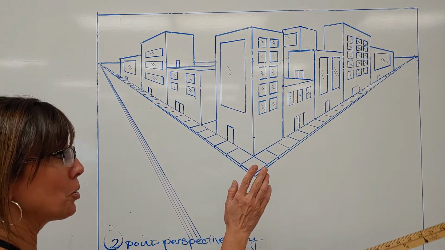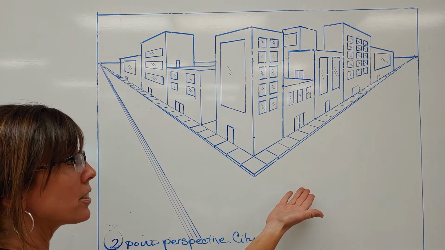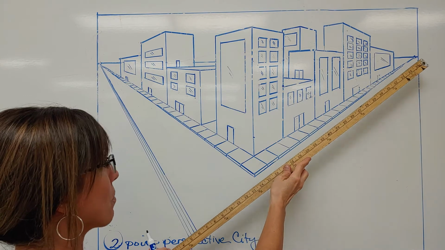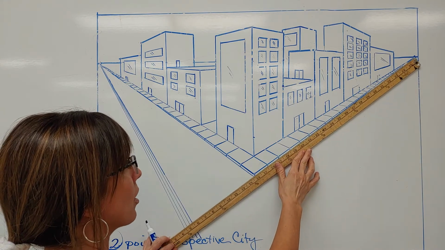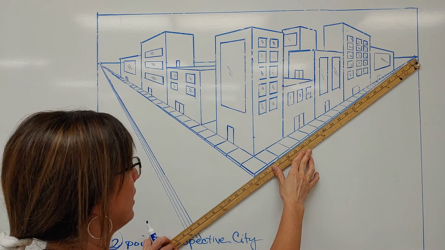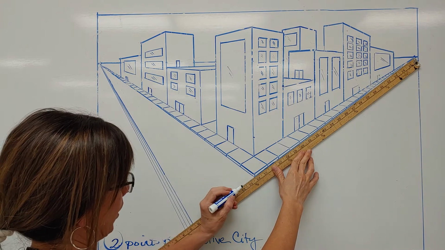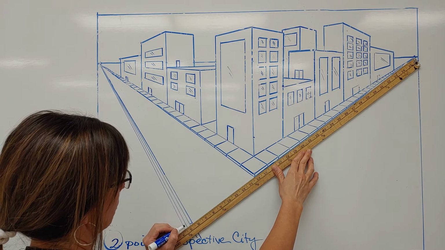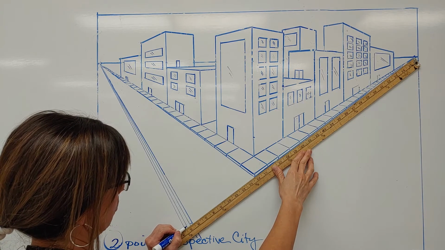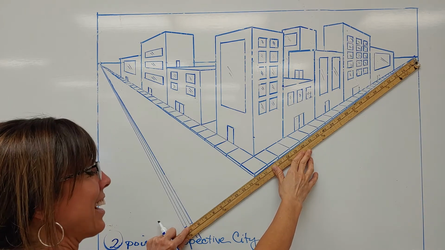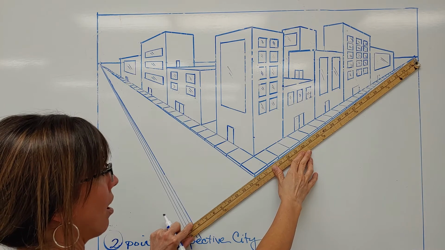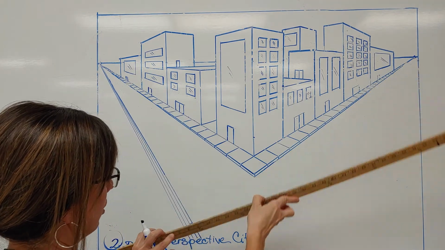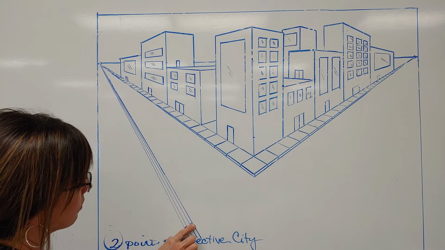So what I'm going to do to cap them off is go to the other side of town, find the bottom edge of the sidewalk here, line up that bottom edge of the sidewalk from the vanishing point on the right side, and where my ruler falls over to where my 2 lines, or the 4 lines technically, but the 2 yellow lines I've drawn, that's where I cap them off. So I'm cutting them off at the line that's even with the bottom of the sidewalk edge. So I can erase anything that's below that.